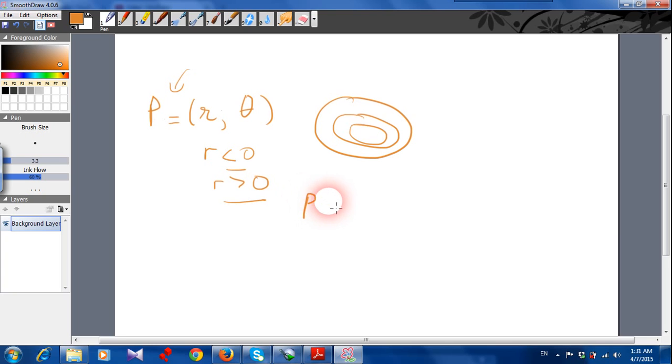First of all, we have P as (4, pi over 3), for example. We begin with this one. We have an arrow here at pi over 3, and it's called the terminal side.